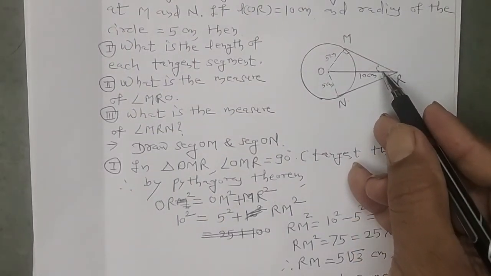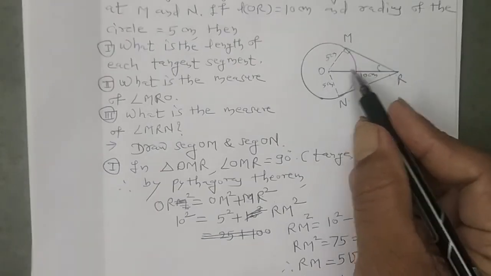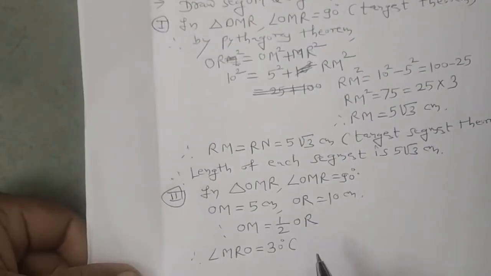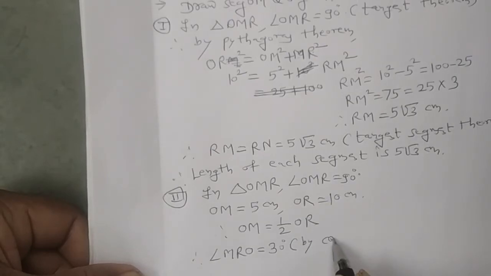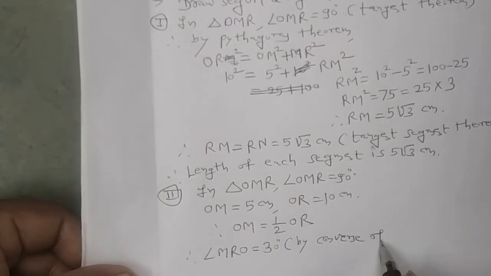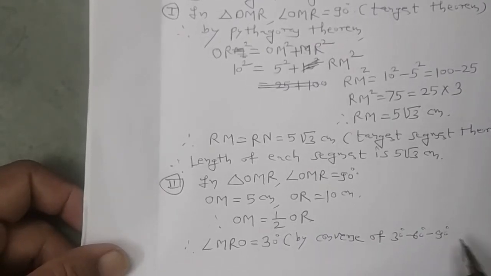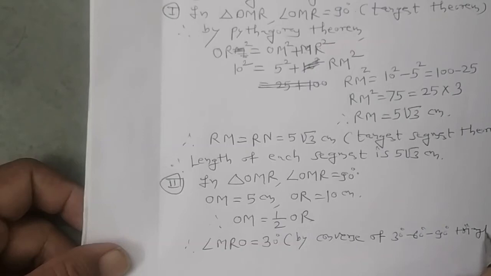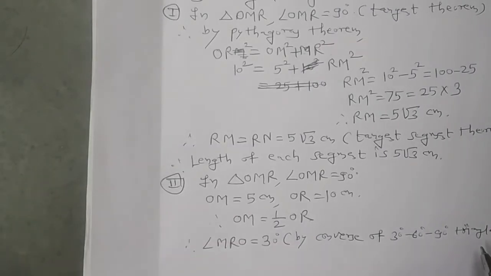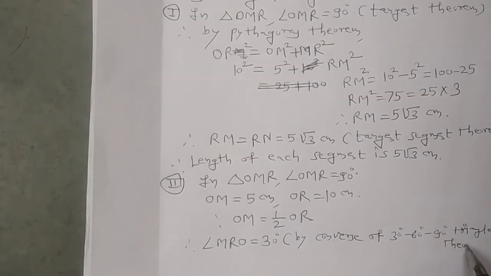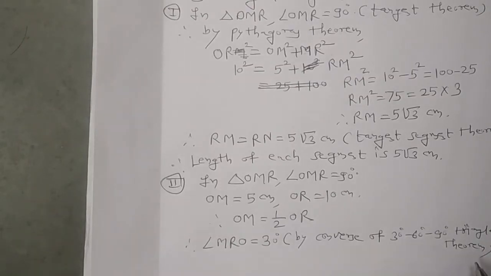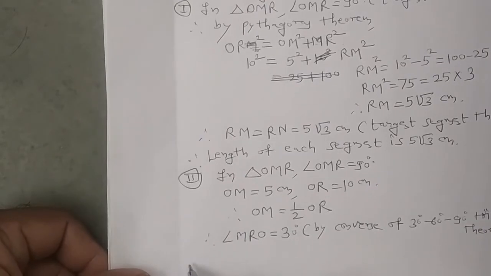That is by using converse of 30, 60, 90 degree triangle theorem. Number 3.